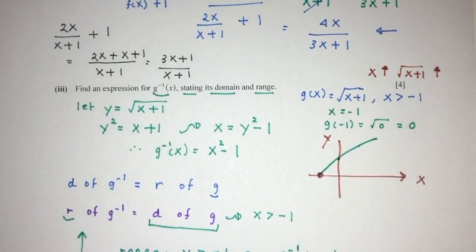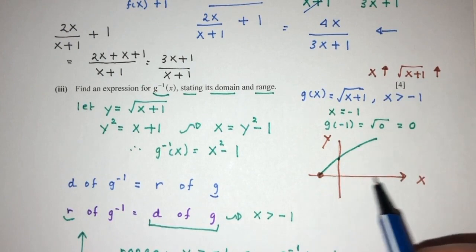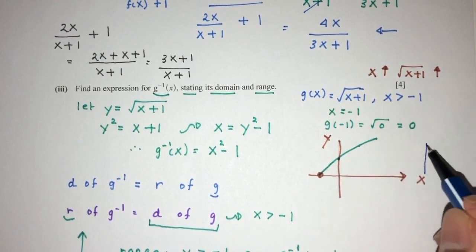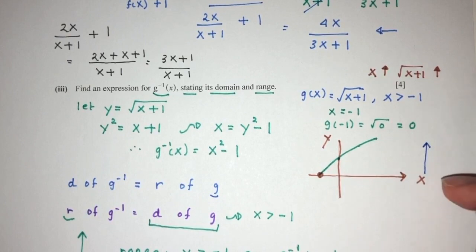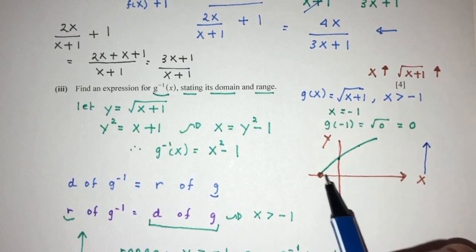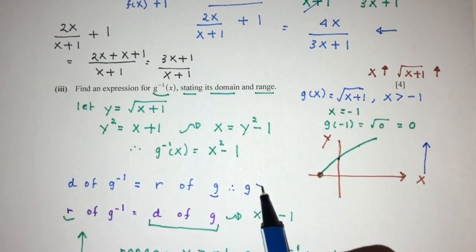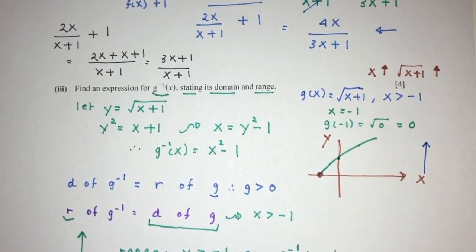Basically, by looking at the shape, we can confirm that as the value of x increases, the value of y will increase. But most importantly, the y value will always be more than this value. So the range of g has to be more than 0. Now again, we have to use this to find this. Your answer will be the domain.